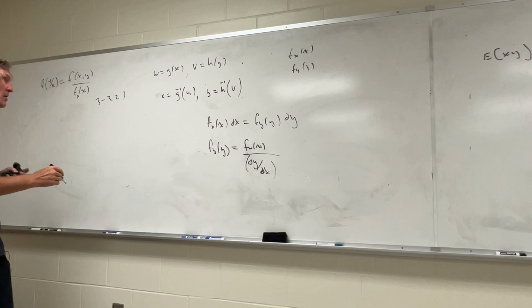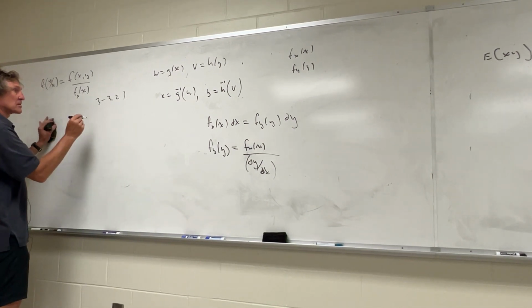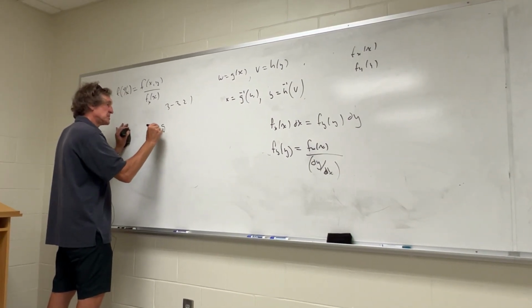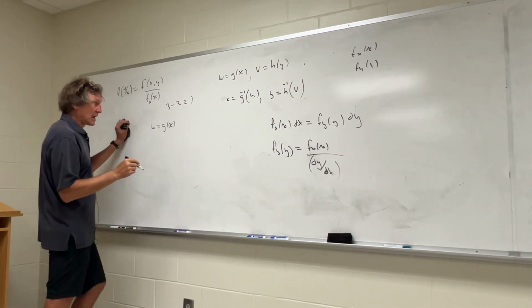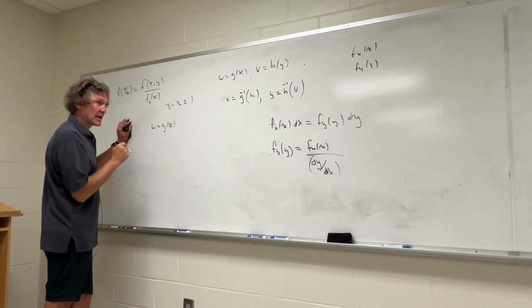So if we take a look at the problem, and we just take a look at the first part, I have w is g of x, right? And I have the statistics for x, right?